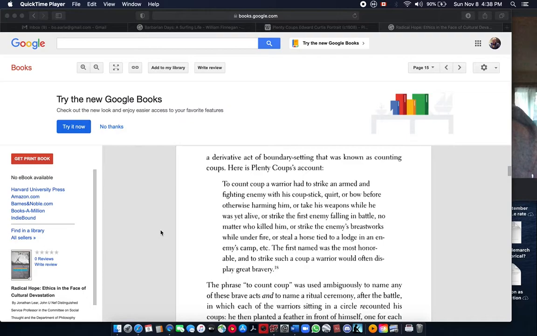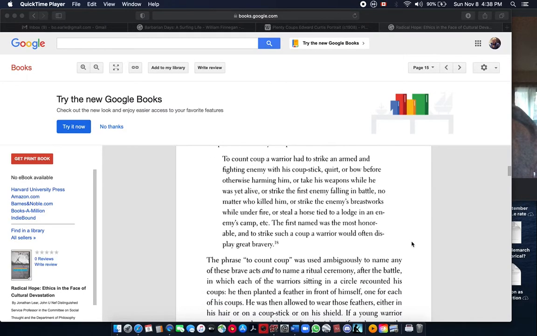A whole cultural system of nomadic warrior values was built up upon the practice of tracking and hunting buffalo, especially this tradition of counting coup, which has to do with a kind of honorable fighting.